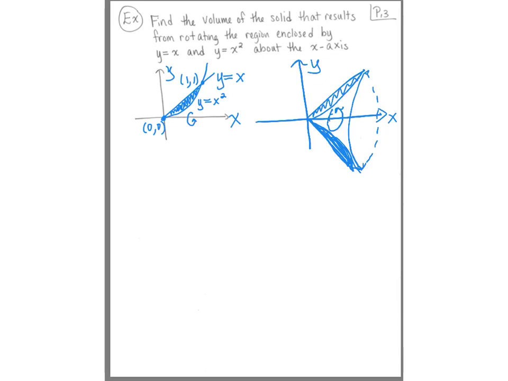Now, if we zoom in a little bit, what do we create here? If we think of our bands, we have a washer, which is awesome because we get to see another method.